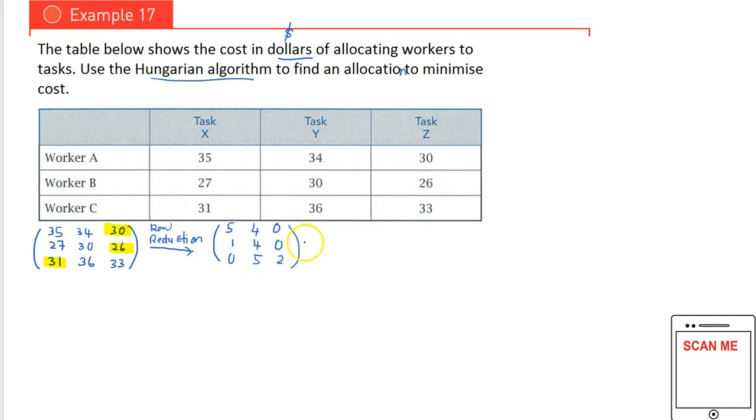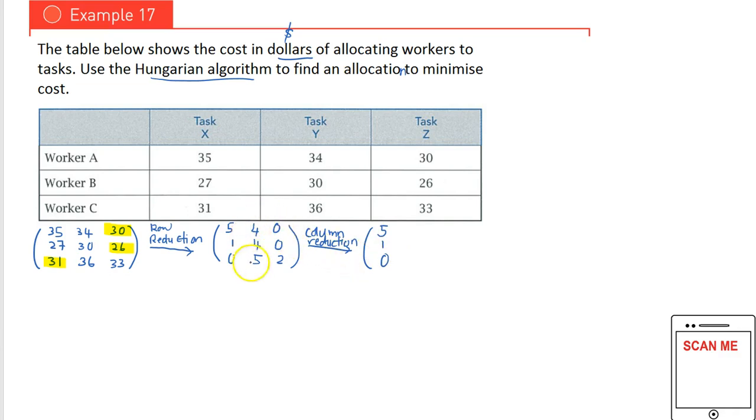So this is the row reduction. After you finish the row reduction, continue with the column reduction. So we write down the step, column reduction. That means in each column you are going to reduce a value. The first column, 5, 1, 0. You already have a 0, so you need not perform column reduction. 5, 1, 0, just write the values.